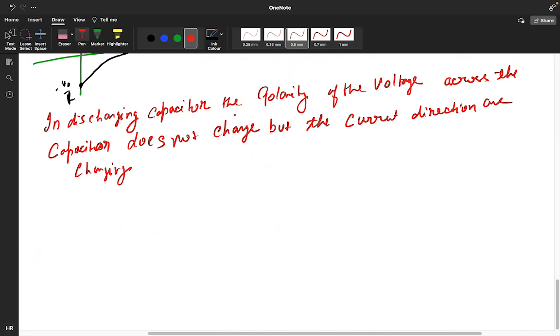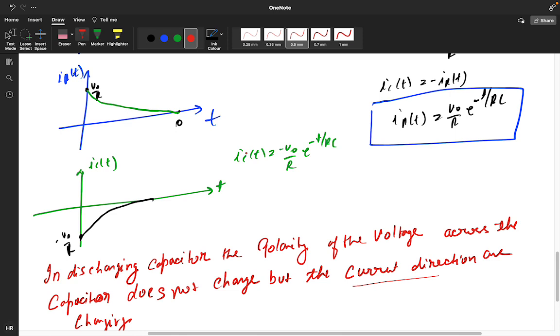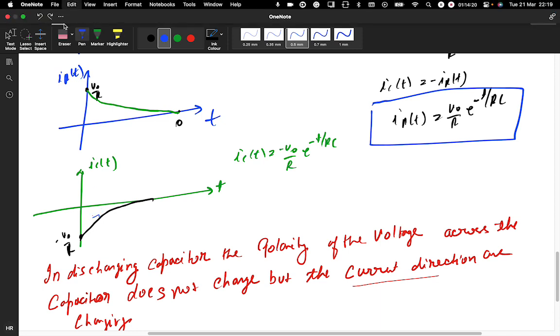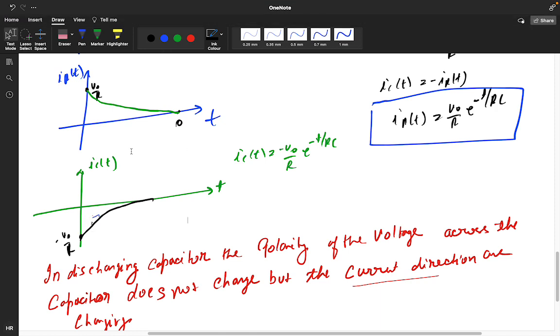In discharging a capacitor, the polarity of the voltage across the capacitor does not change, but the current direction changes. You can see in the figure itself, your current direction is coming negative. We had assumed it positive, but it's coming negative, so our direction is getting changed. This part you can see is negative.